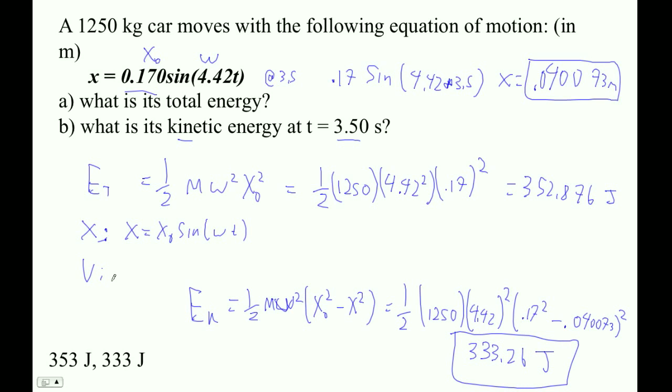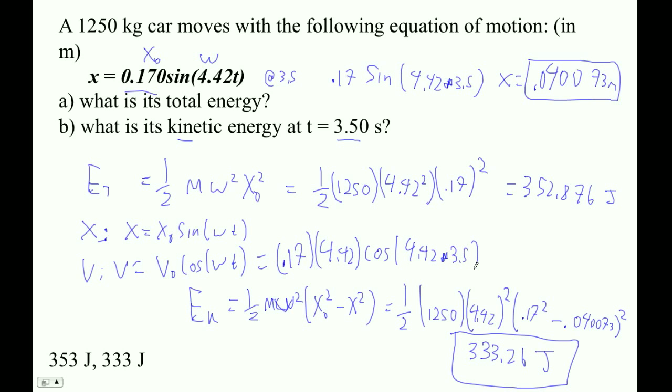Right. The other way to have done it would have been to say that the velocity equals v naught cos omega t, right? So what would that be? The v naught would be 0.17 times 4.42 cos of 4.42 times 3.5, right?